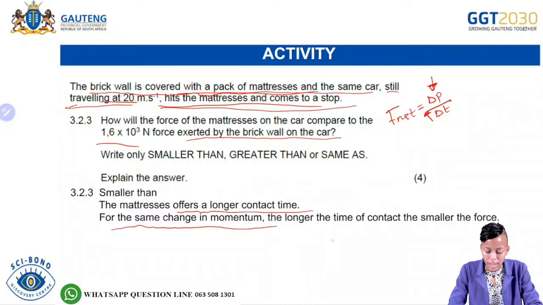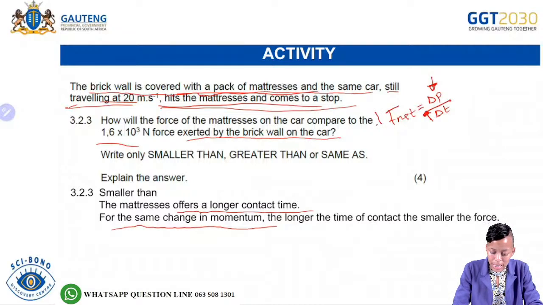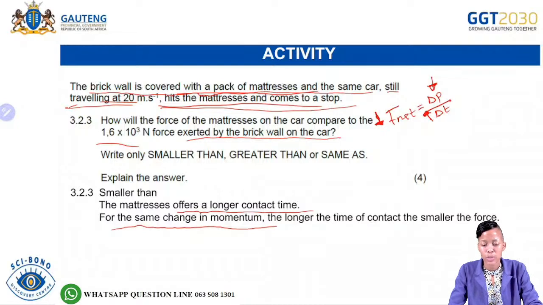And then the longer the time of contact, the smaller the what? The smaller the force. So I'm repeating, we are saying that if there's an increase in the contact time, therefore there will be a decrease in the net force.